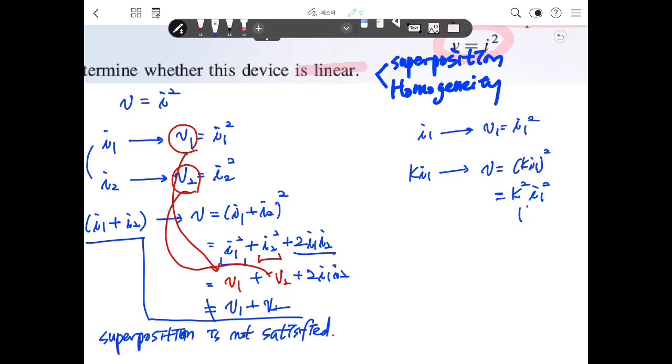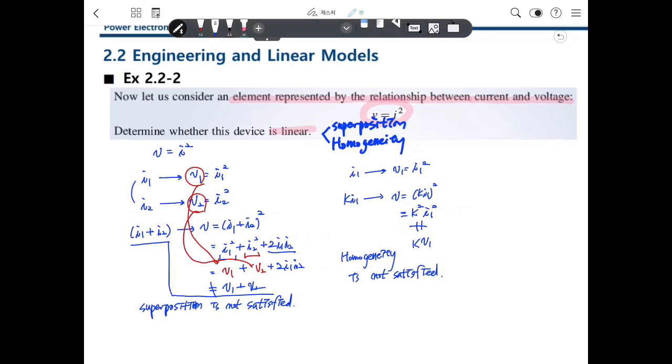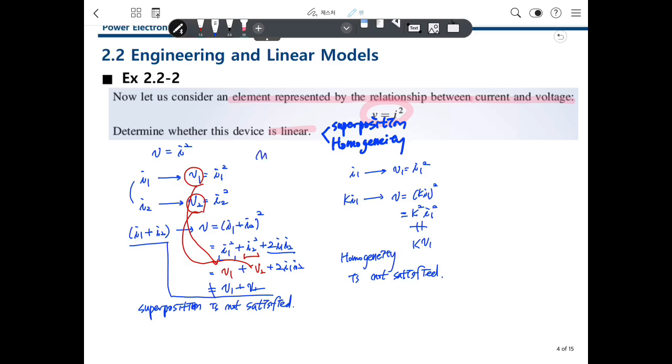But this is not the same as K V1. So that means homogeneity is not satisfied. So we can say this device is not linear.